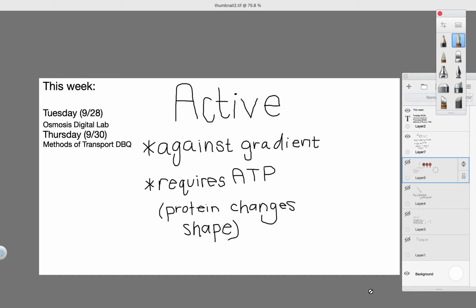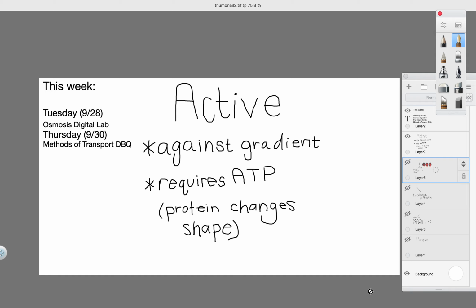So any transportation with active transport is going to be against the gradient. So this is going to be going from where there are very few molecules to where there are a ton. And that's not natural. Nobody wants to willingly put themselves in this classroom that is jam-packed with people. That's not what anybody wants to do, and therefore it's going to require some ATP energy to do it.